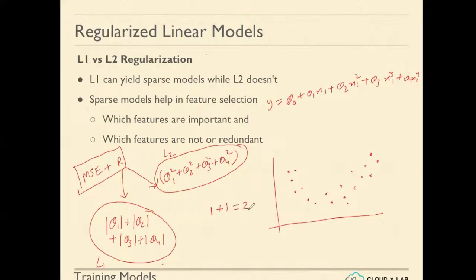Now let's say in the other case your optimization is working in such a way that theta 3, theta 4 become 0, right? Theta 3 is 0, theta 4 is 0. In other words, you are fitting here a quadratic polynomial, right?